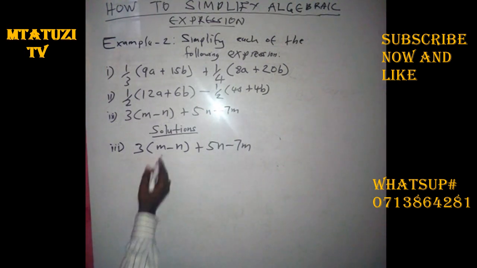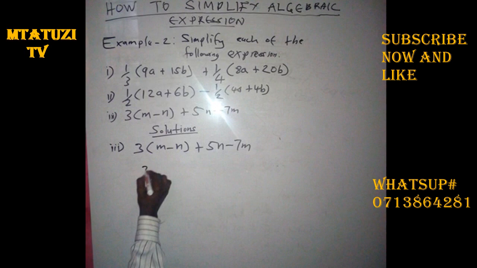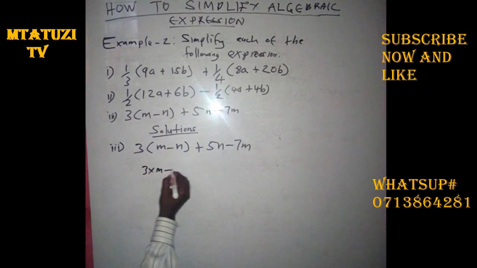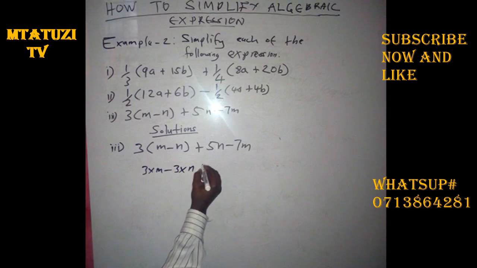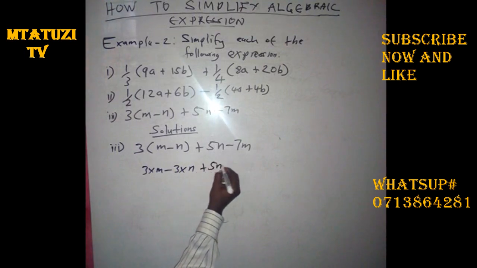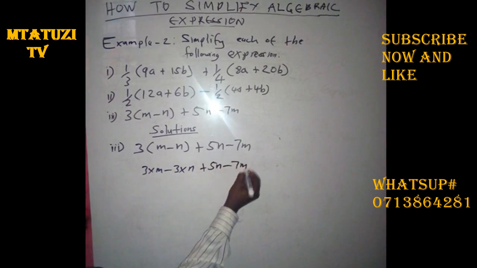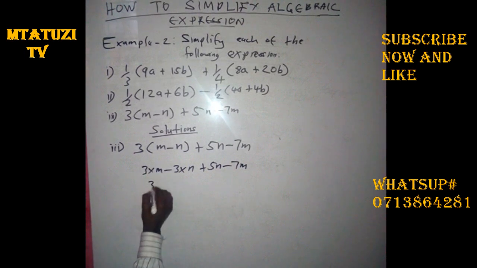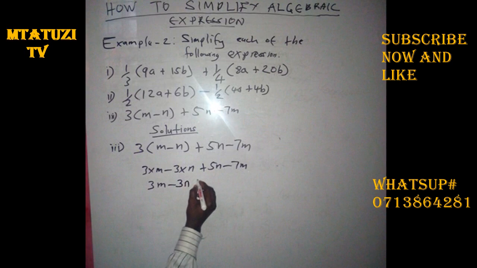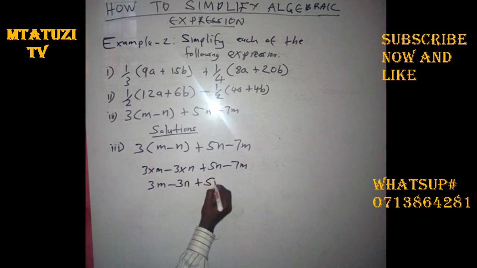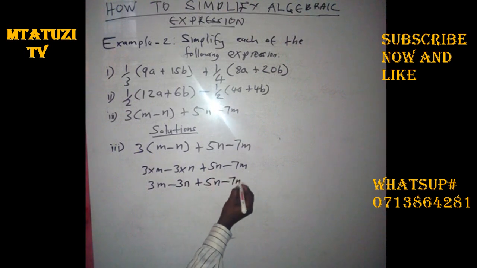So you take 3 and multiply each term. 3 times m, 3m, minus 3 times n, 3n, plus 5n minus 7m.